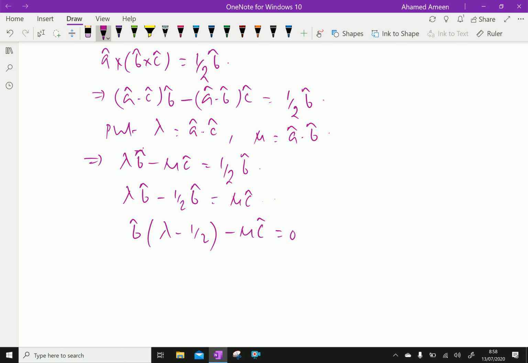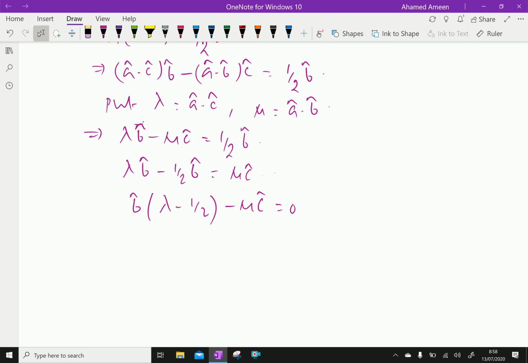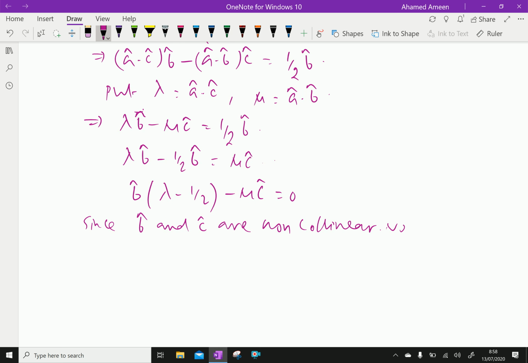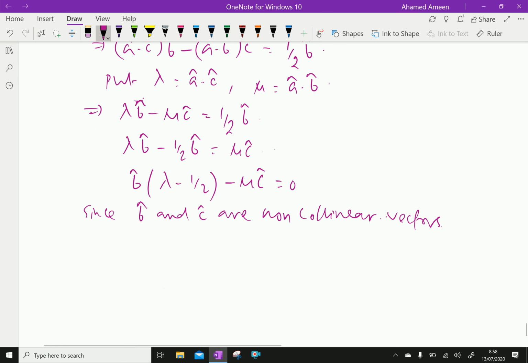Since B and C are non-collinear vectors, it is not in a straight line, they are not on the same line.